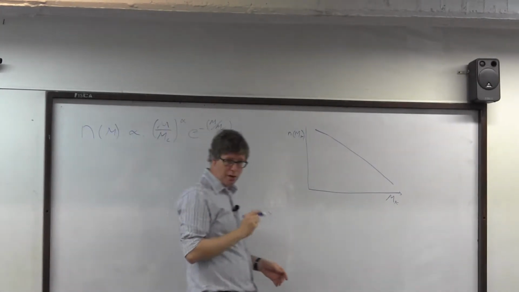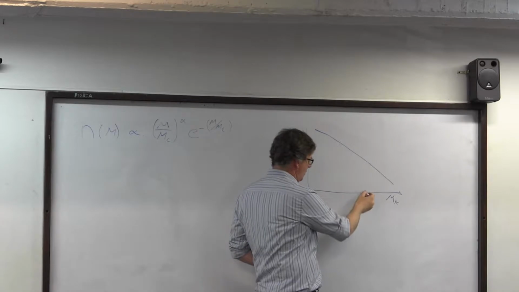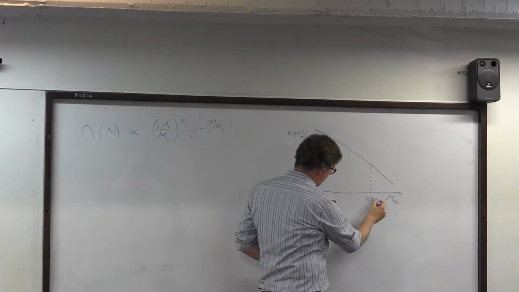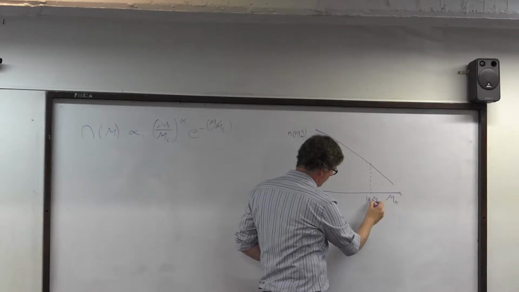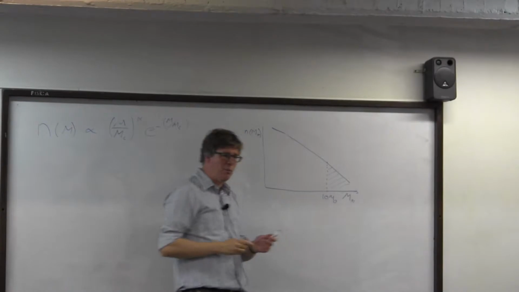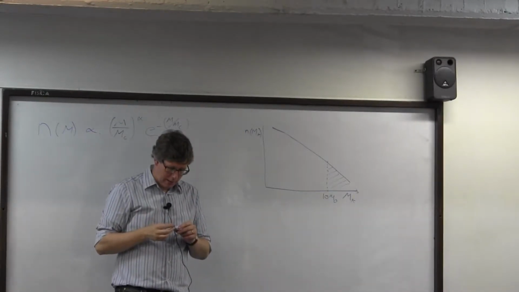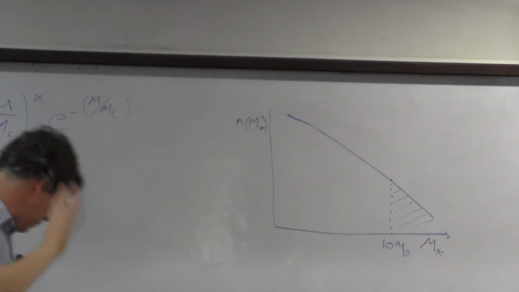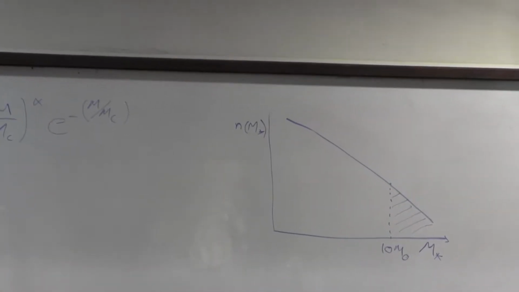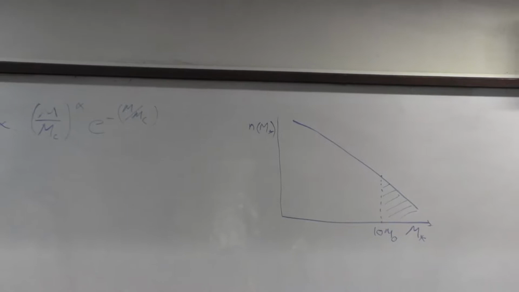Very few stars have very high mass. So let me put down here 10 solar masses, and stars that are more massive than 10 solar masses. It depends a little bit on the metallicity, but the details are not so important for what we're doing now.